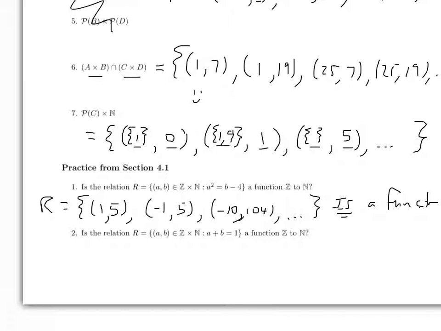Once we start to realize that's how we can read the notation, then it's actually pretty easy to do these. Again, I'll just pick some random first coordinate, say 3, and I'll ask myself, what does the second coordinate have to be? What does the b have to be in order to make this true? Well, the only way that you could make this equation true, if the a is 3, is if the b is -2. 3 plus -2 equals 1 is true.